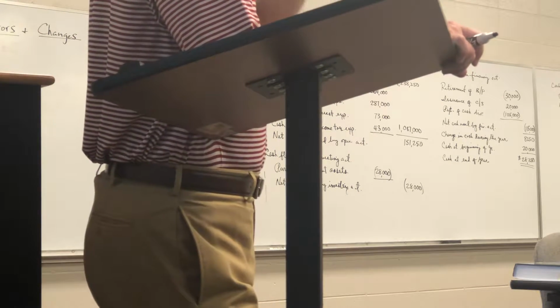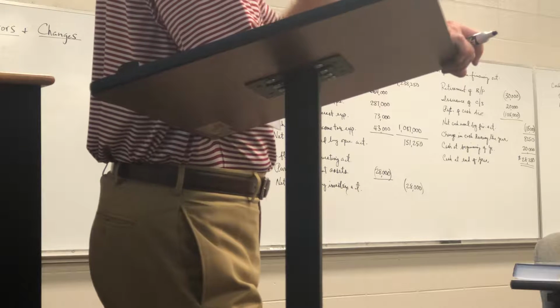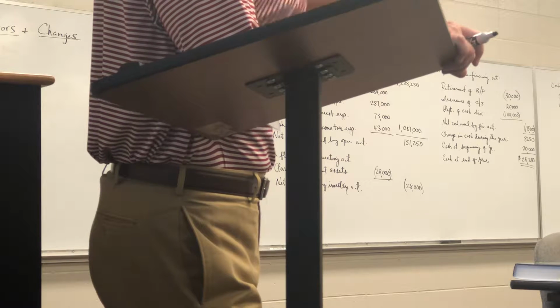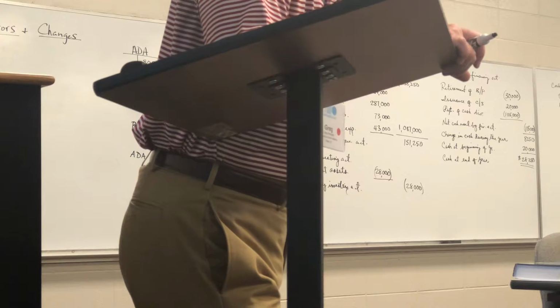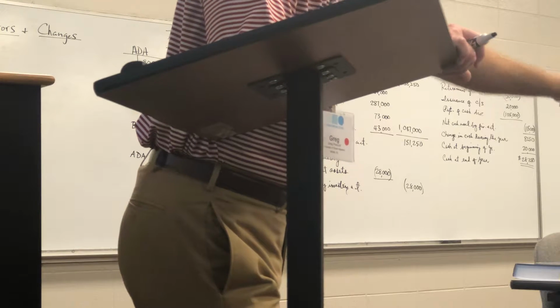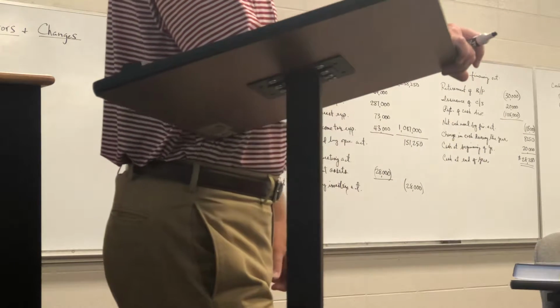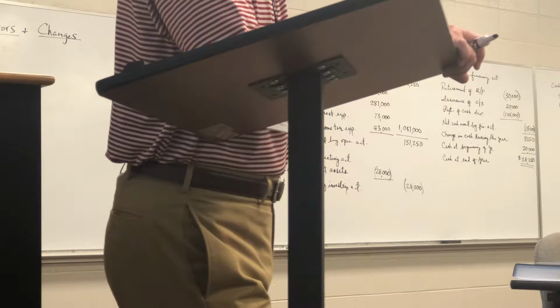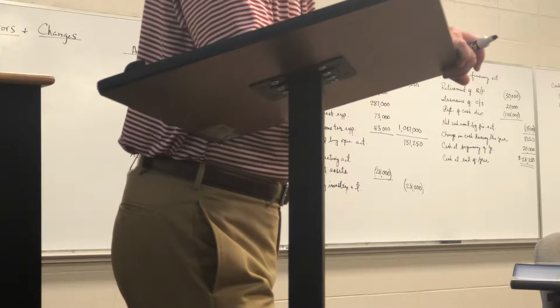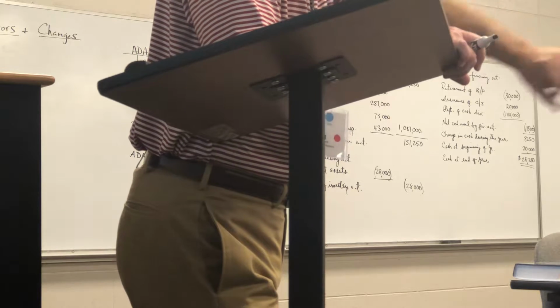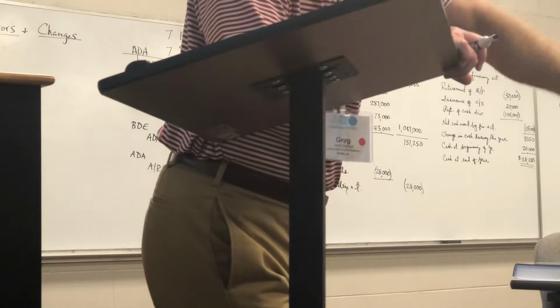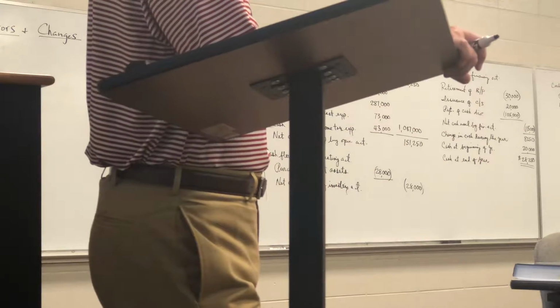If a company presents comparative financial statements, that would mean December 31, 2018's balance sheet right alongside December 31, 2017's balance sheet. And your income statement for the year ended December 31, 2018, and right next to it is for the year ended December 31, 2017. All right?